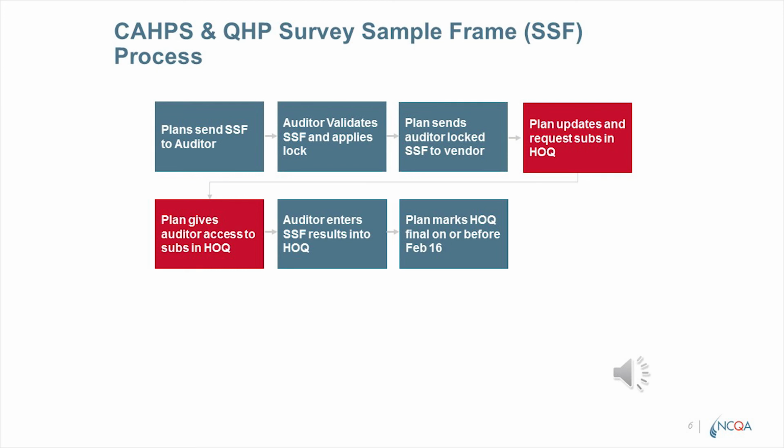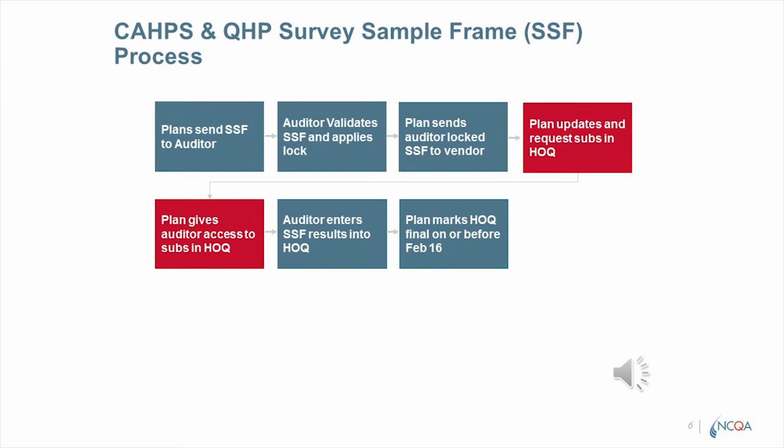Just a little clarification on the CAHPS and QHP survey sample frame process. The process starts with the plan sending the survey sample frame to the auditor. The auditor then validates it and applies their lock. Then the plan will send that auditor-locked survey sample frame to their vendor.